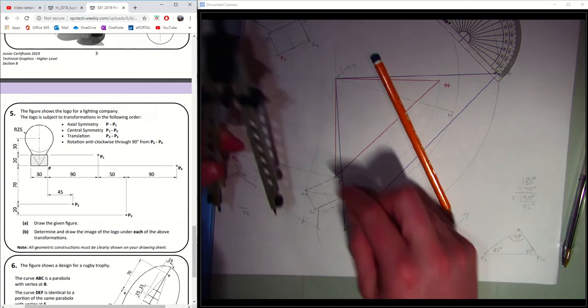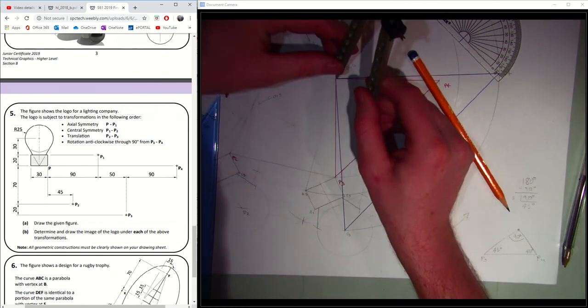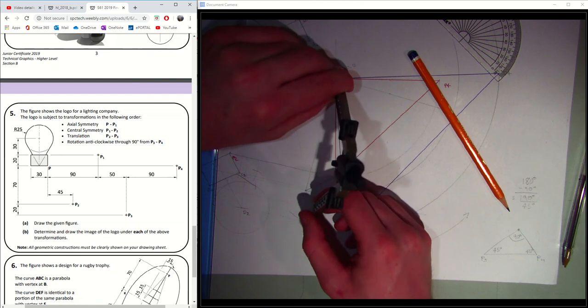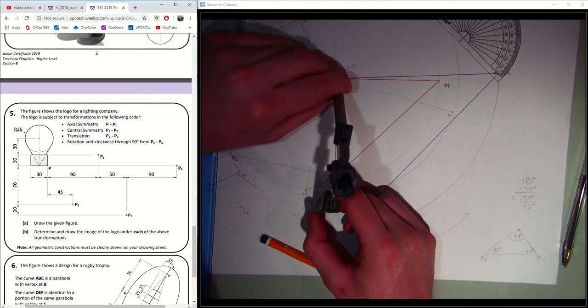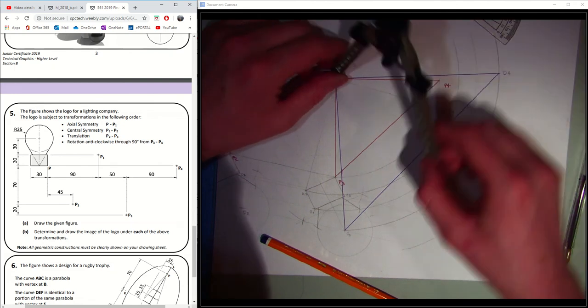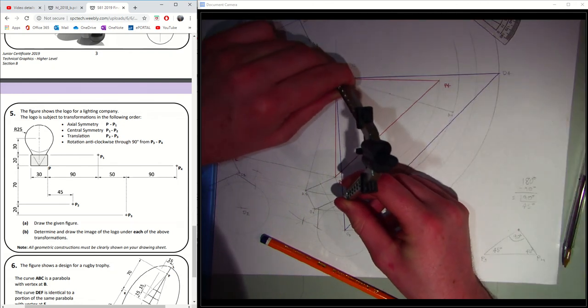Continue that process then to get all the other points. So I want to get B and I want to get C now as well. So I'll get point B3. Rotate this around, and while I'm here I'll rotate C as well.